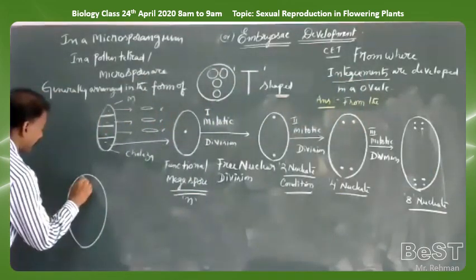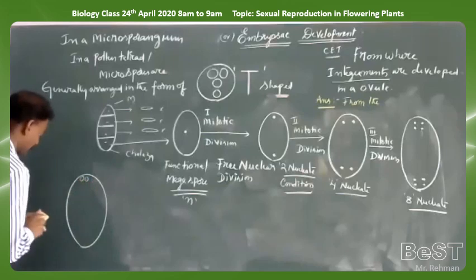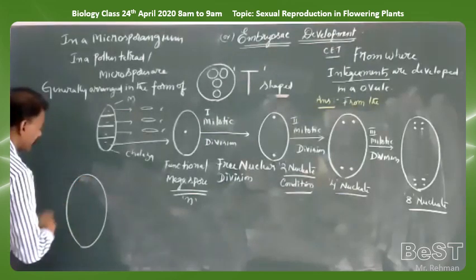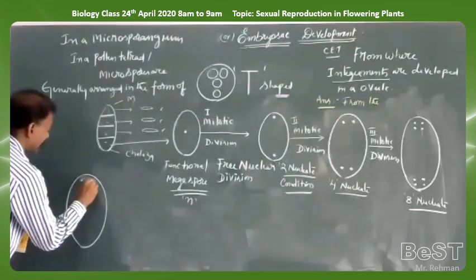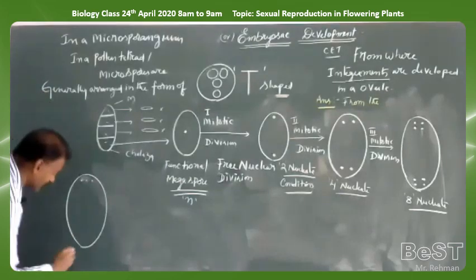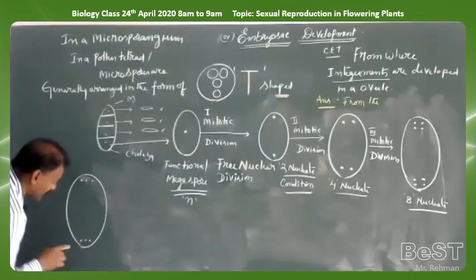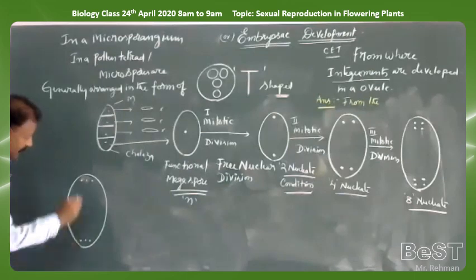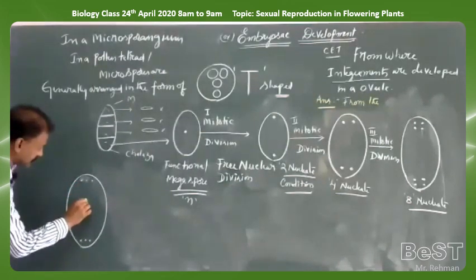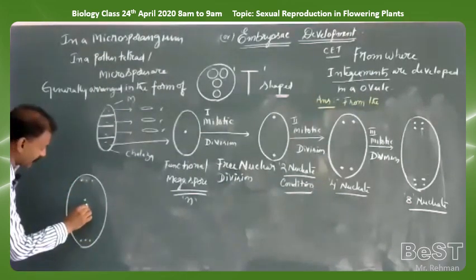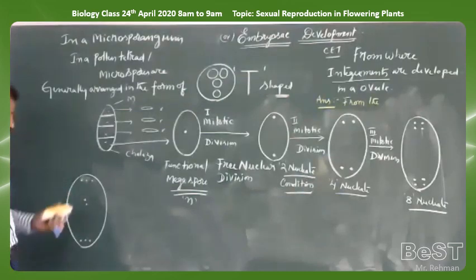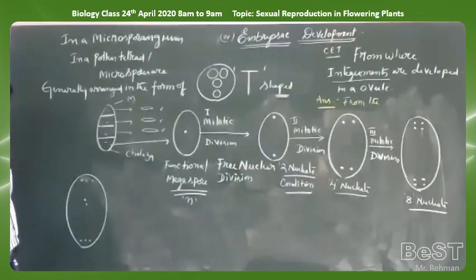The 3 nuclei remain at the upper pole and 3 at the lower pole. The one from each pole are called polar nuclei and come to the center.